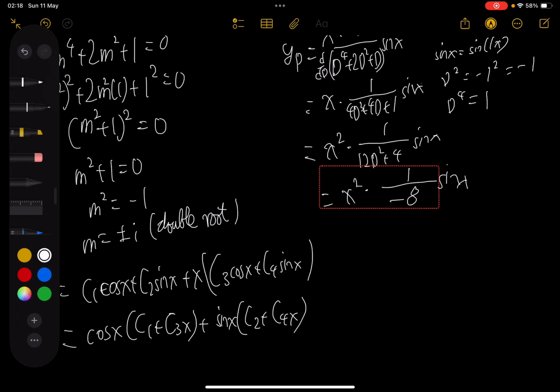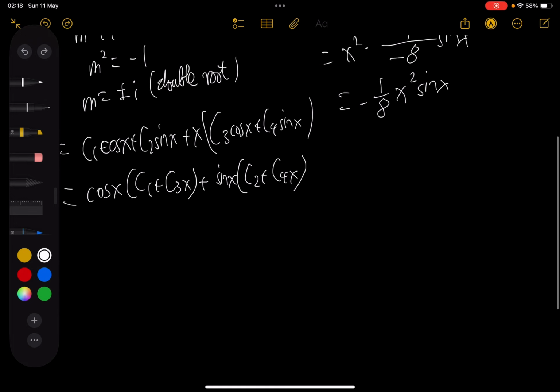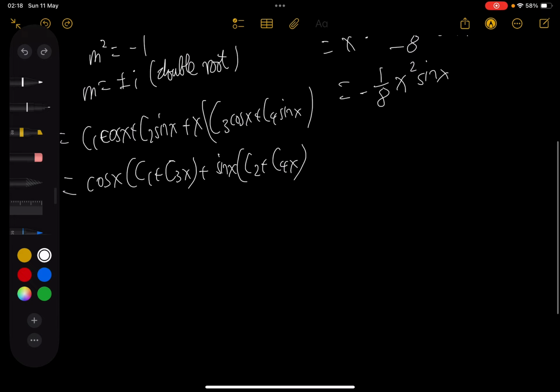Therefore, you get our particular solution, which is equal to negative 1 over 8 x squared sine x. You can see this x squared here, and it is no longer repeating the expression x sine x. Therefore, this is the correct solution.